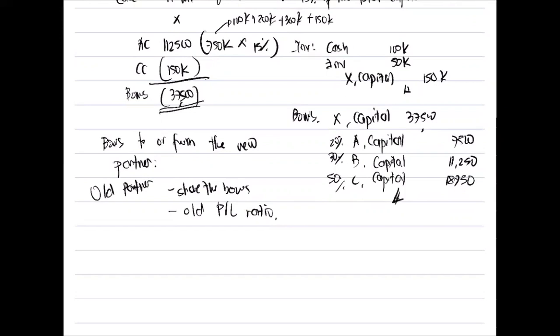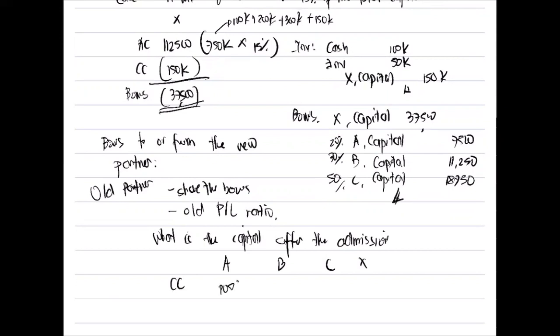And sometimes you are asked, what is the capital after the admission? Okay, so we have here A, B, C, and we also have your X. So we have here your contributed capital. A is 100, B is 200, C is 300, and X is 150.